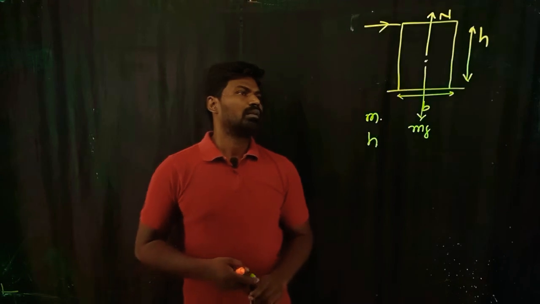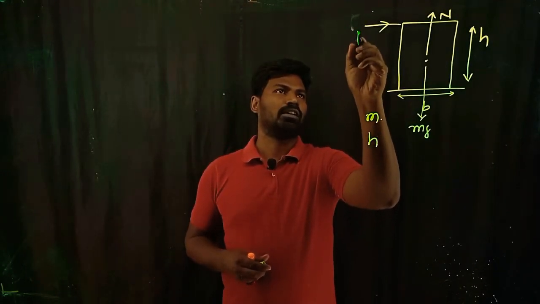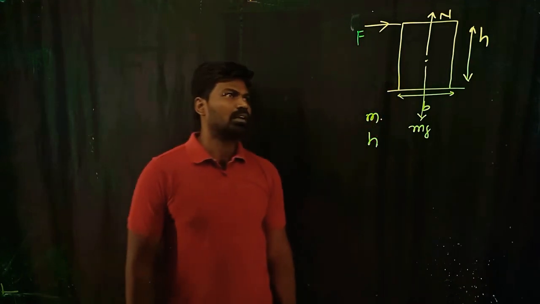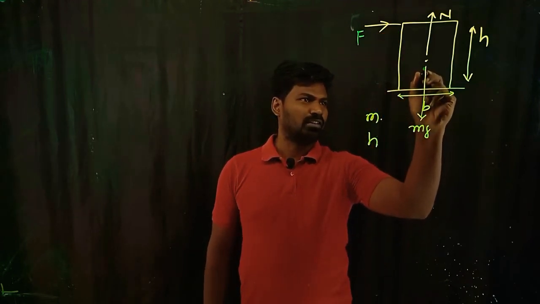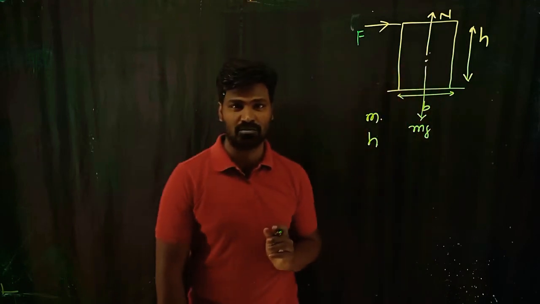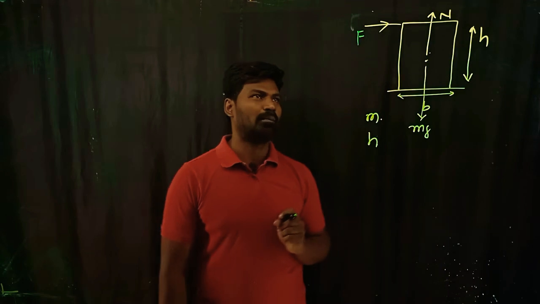Now, when you apply a force F along the horizontal direction like this, what happens? Before applying the force, the line of action of gravitational force and normal reaction both pass through the center of mass. When you apply a force F, what happens?